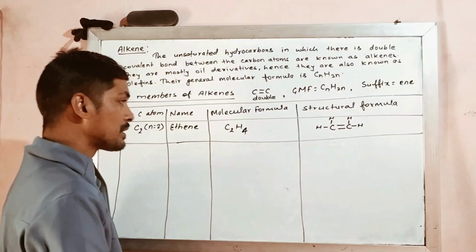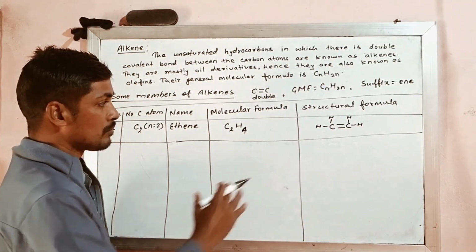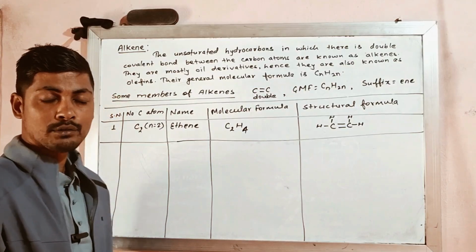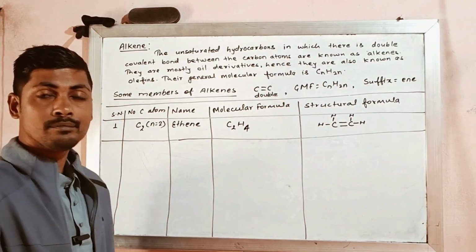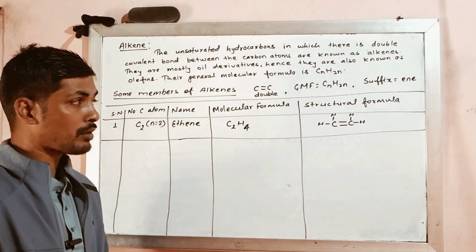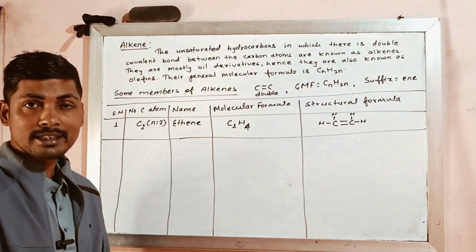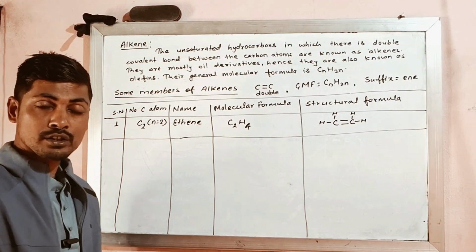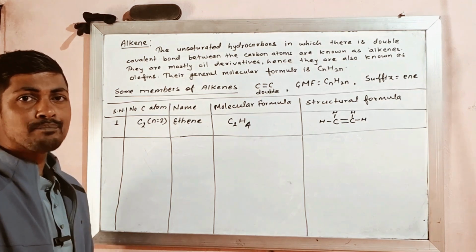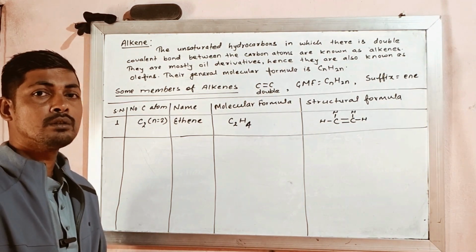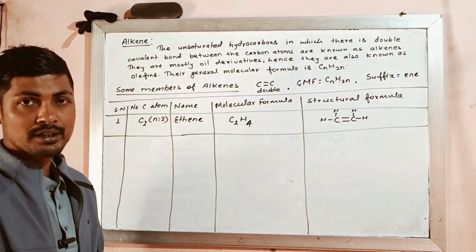If we keep the double bond at the first and second carbon, then we will get one structure. If there are only two carbon atoms, then we do not have any problem. But if there are many carbon atoms in alkene, the structural formula may be different, and if the structural formula is different, then the condensed formula will also differ. That is why we don't write the condensed formula here.